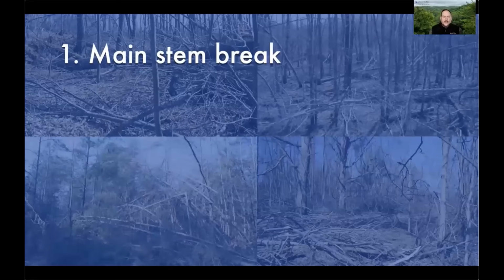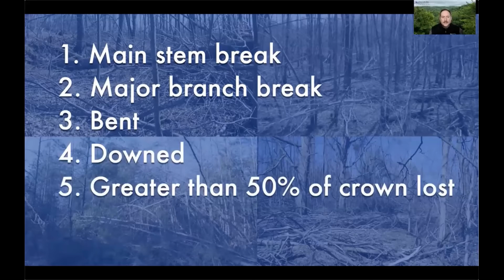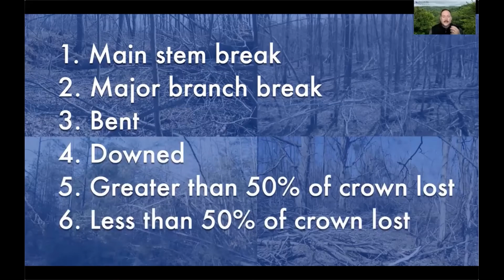There are six common types of damage that we see in the woodland: main stem breakage, major branch breakage, bent trees, downed trees, greater than 50% crown loss, and less than 50% crown loss. These all have different implications for management.